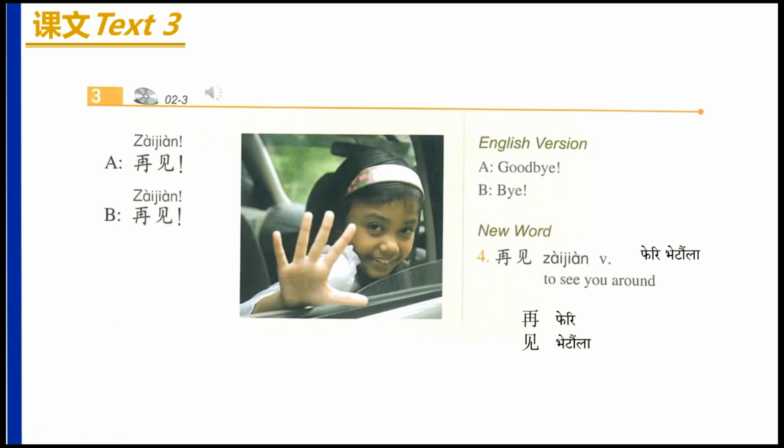And we reply is also 再见. And just like 你好, the meaning of 再见 in Chinese is more exactly like the meaning in Nepali. If we divided this verb 再见 into two single characters, then 在 means Philly and 见 means Bedola. So 再见, I'm saying goodbye, and I'm also saying to see you around, to see you again.